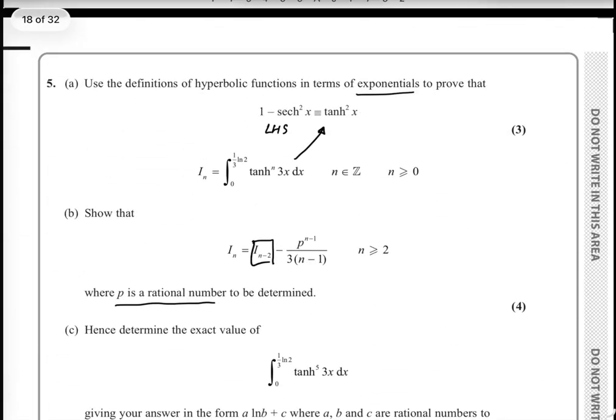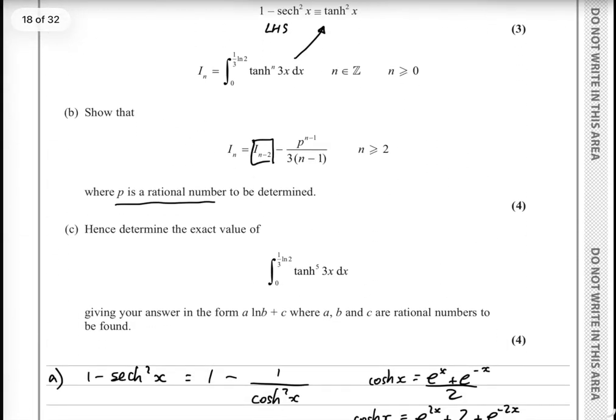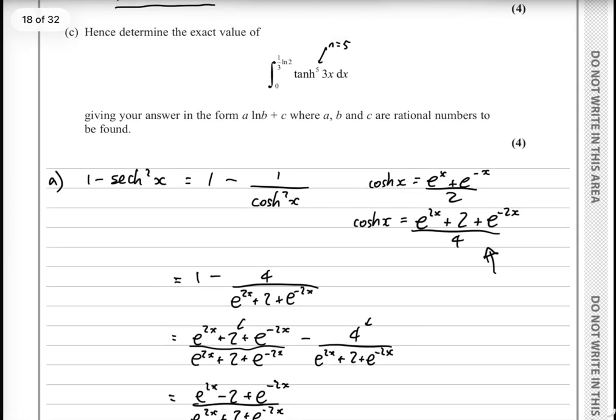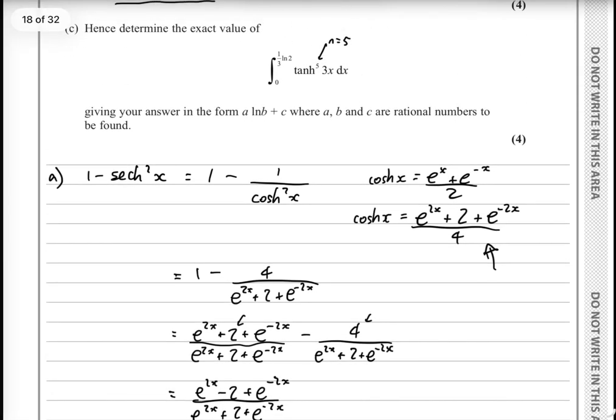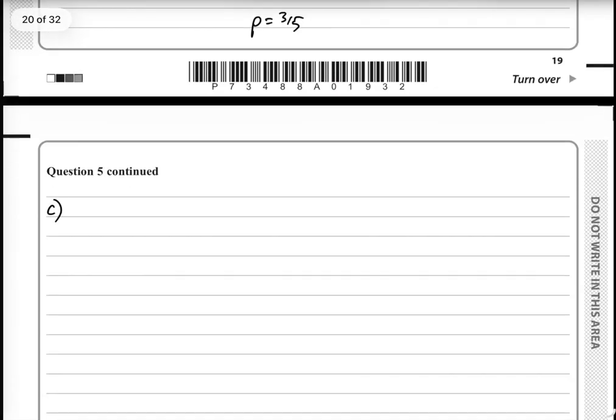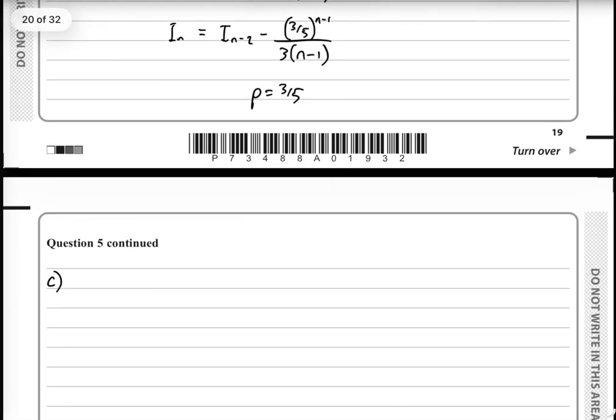That's part B. Part C, apply what we've done, hence determine the exact value where n is equal to 5. That we can do. Give your answer in the form a log b plus c. So using what we've got at the top of the screen there, with n equal to 5.